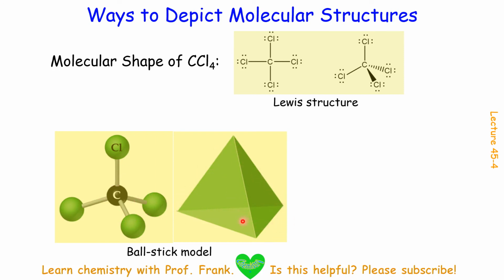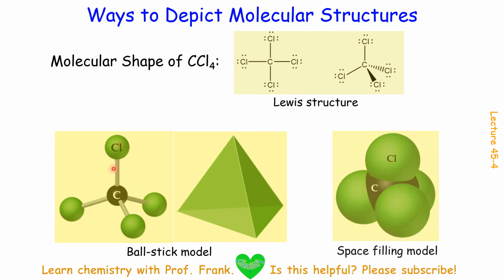But in reality, the carbon-chlorine bonds are never exposed to the outside of the carbon and chlorine atoms. So therefore, in reality, this is what we see. This space-filling model is the closest to the real molecule.